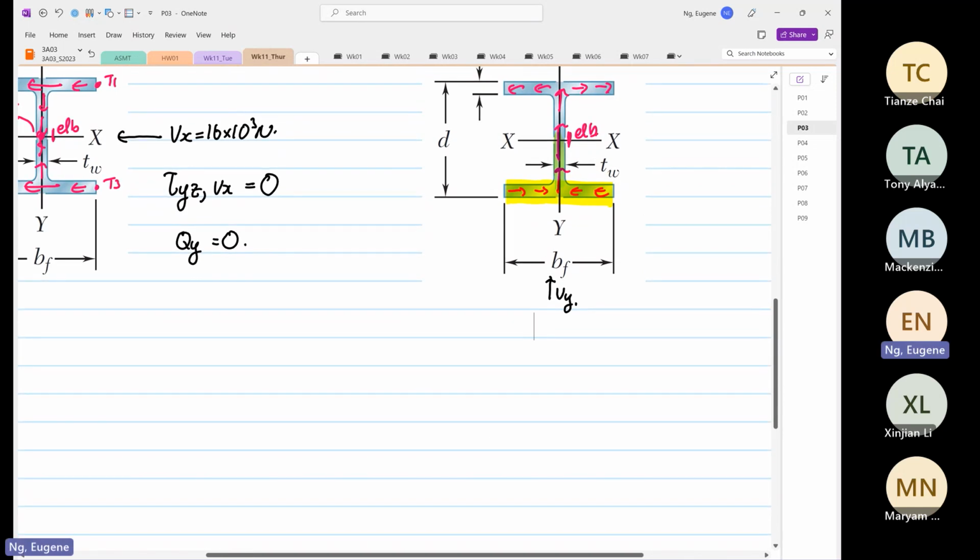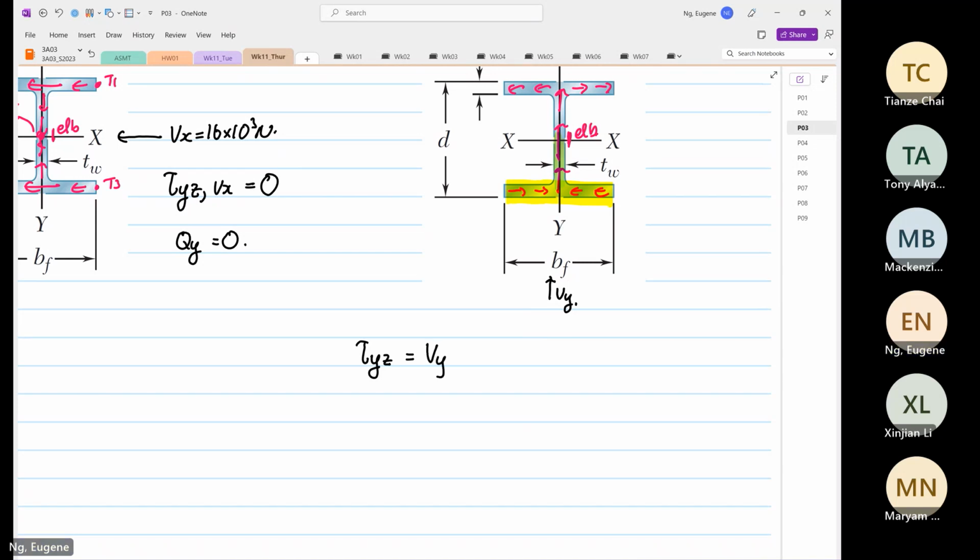So again, we're going to calculate our shear YZ, and this will be equal to Vy over Ixx, Qx over T. And we know that our Vy is equal to 25 times 10 to the power 3 Newton.